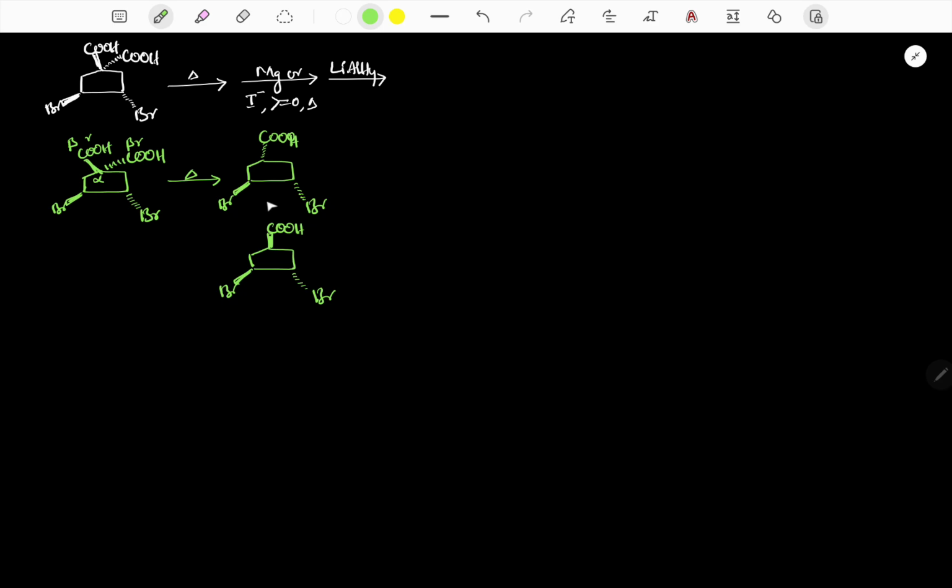Now these two products are the same, because about the sigma bond, if you rotate this molecule, this COOH becomes below the plane, this carbon becomes above the plane after rotation, and this Br comes here but below the plane. So these two compounds are the same, so you are getting only a single compound.